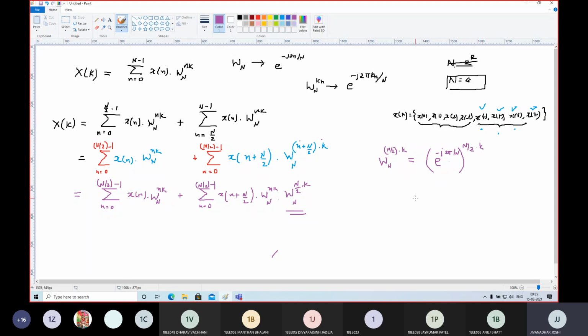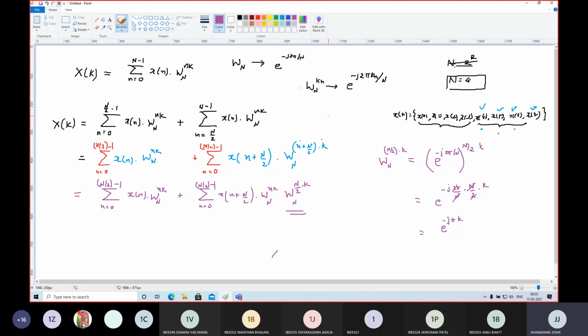So this is just equal to e raised to minus j 2 pi by n into n by 2 into k. 2 is cancelled and n is cancelled. So this is simply e raised to minus j pi k. Do you agree with me?